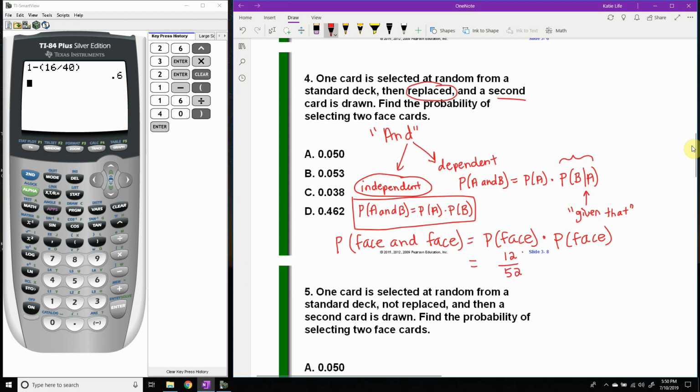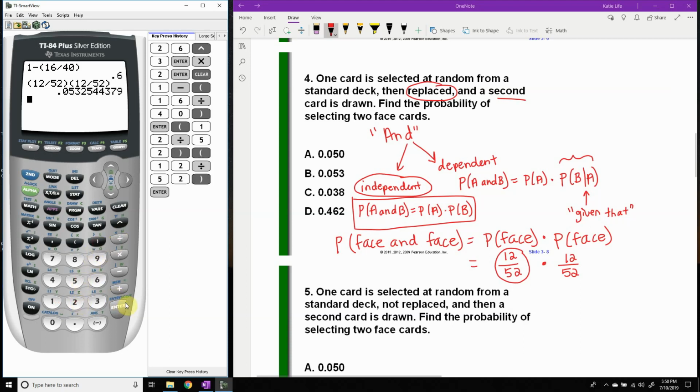That's the probability on the first card that is selected. That card is replaced in the deck, so there are still 12 out of 52 face cards for the second draw. So we want to do 12/52 times 12/52, and that's 0.053. So 4 is B.